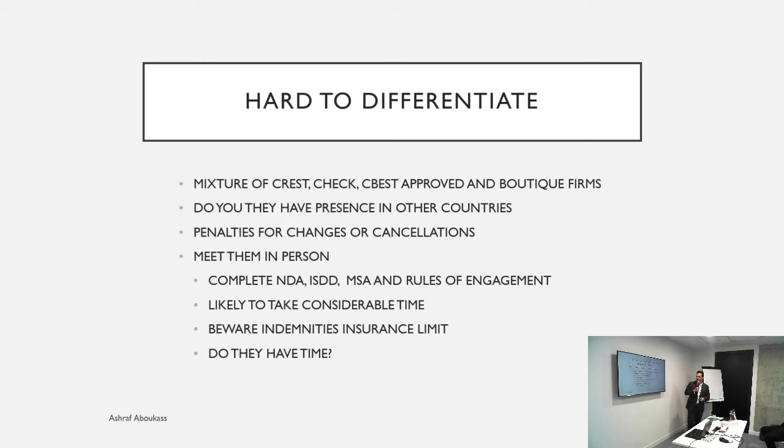But one thing we always come up against is indemnity insurance limits. When you're dealing with boutique pen testing companies, they usually have a very small insurance payout, an indemnity, and it doesn't work with us.